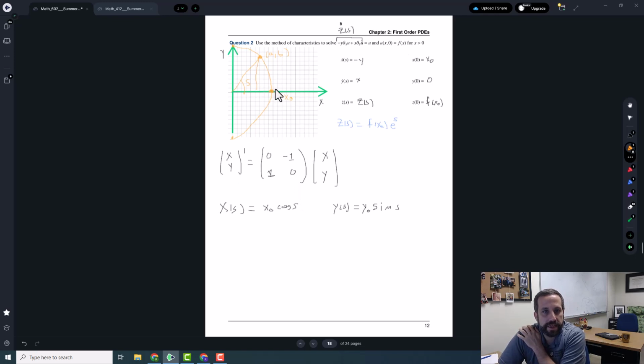If I'm given a point in the plane and I want to know what the solution is along this curve, then I can use this idea: u of AB is just f of x naught times e to the s, where s is the angle here.